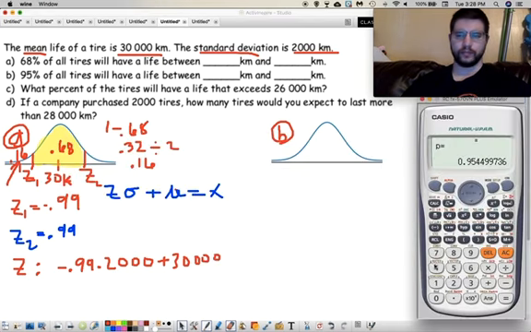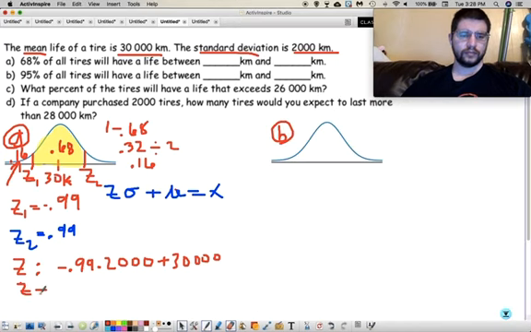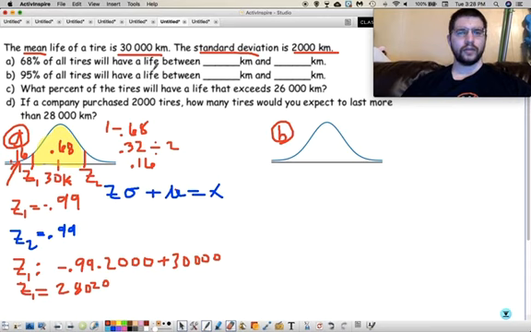If I do that in the calculator, negative 0.99 times 2,000 plus 30,000, 28,020. All right. So that's the lower part.